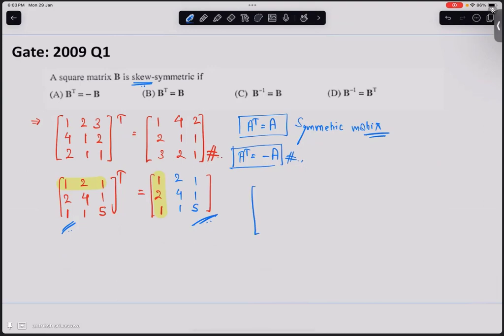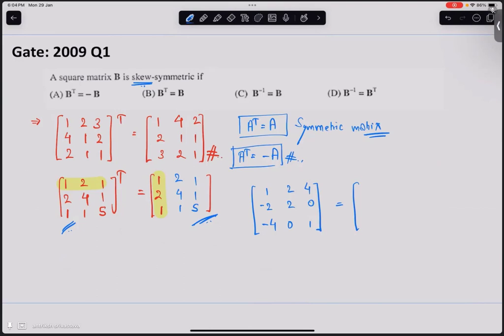So the matrix is 1 minus 2 minus 4, 2 2 0, 4 0 1. So tell me whether this matrix is a skew symmetric matrix or not.